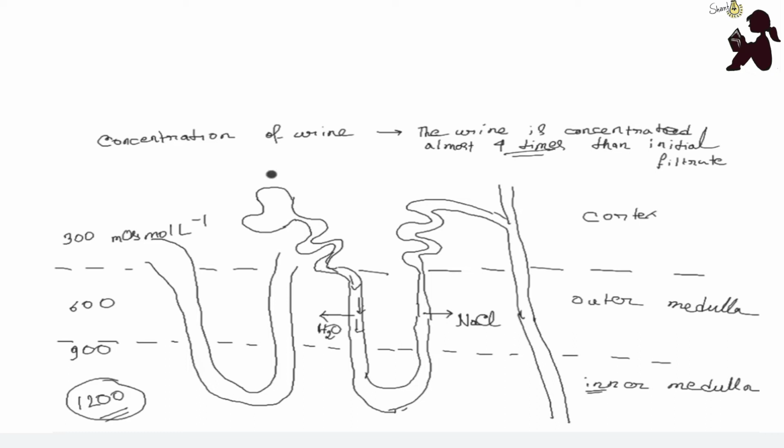Okay, now what happens? One thing I have to say: if the urine is going like this here, and the urine is again going in the opposite direction, this is known as the counter current mechanism.